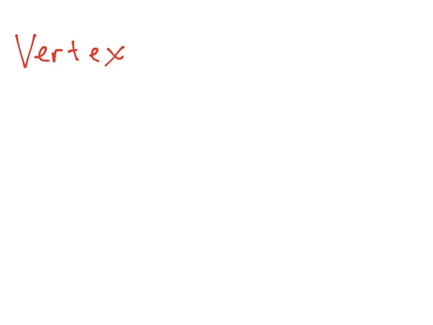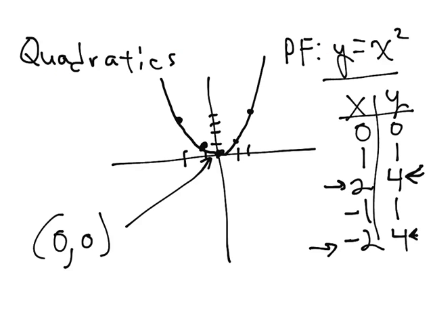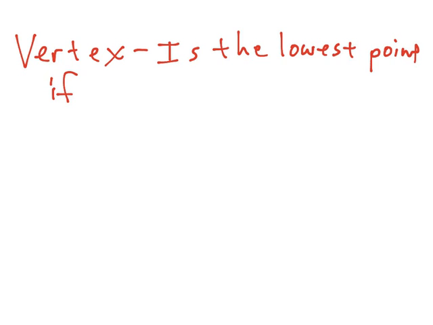okay, and you can put this down, this is a little bit extra information, is the lowest point if the parabola opens upward. The quadratic, if we look back at it, is what's called a parabola. Okay, the form is a parabola.